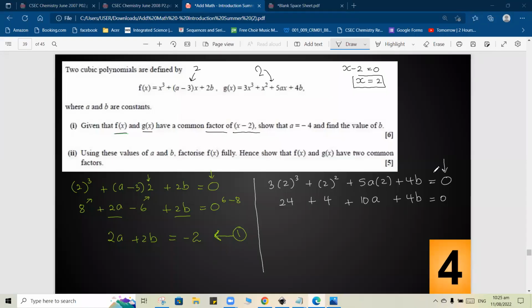When I substituted in, this is what I got. And when I simplified the second equation, I'm getting 10a plus 4b is equal to minus 28. And this is equation 2. And what you want to do is solve these two equations simultaneously. You can choose whichever method you prefer from here, whether it's elimination, substitution, or whatever one you're comfortable with. Right? So you have to solve.